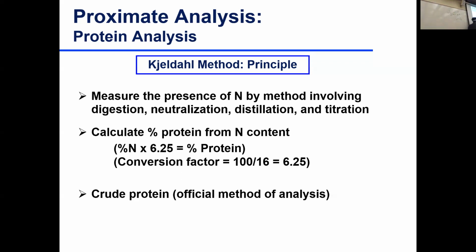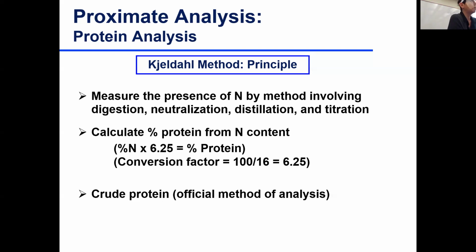Now, why is this a crude way of measuring protein content? Crude, meaning not the actual amount of protein in the sample. Grace? There could be other compounds in the food. Absolutely. Nitrogen doesn't only come from protein.